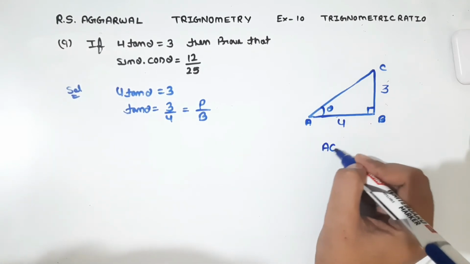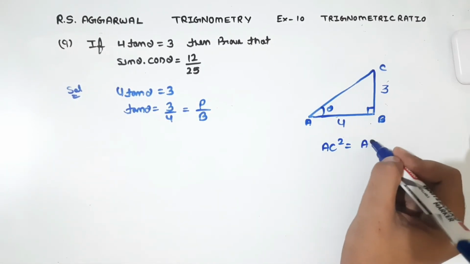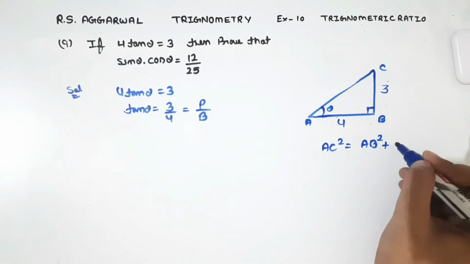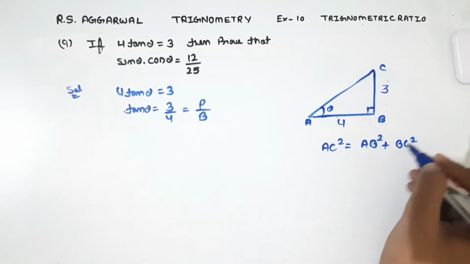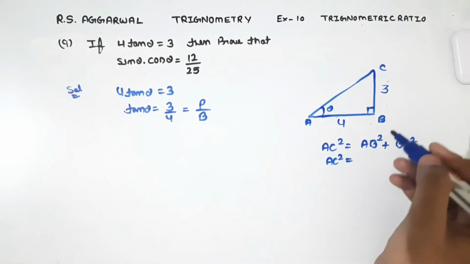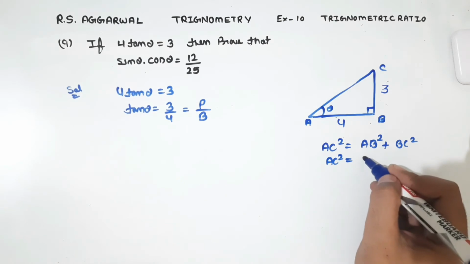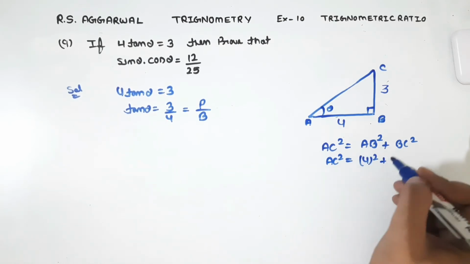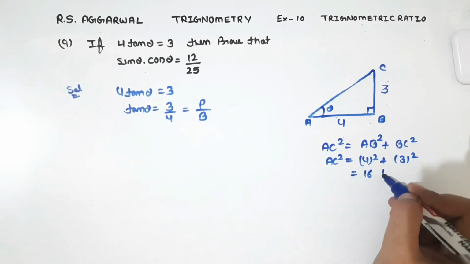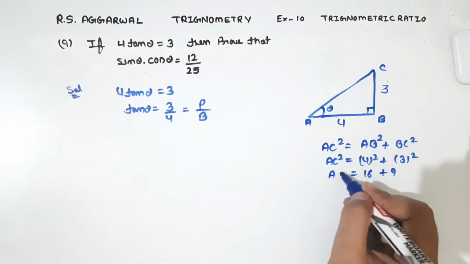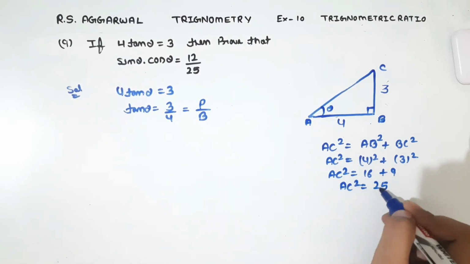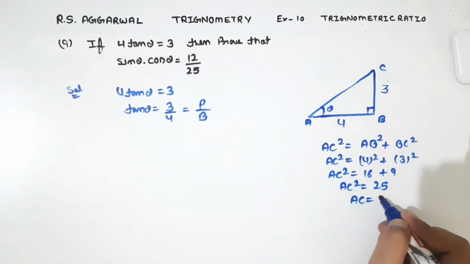So our AC square will be equals to AB square plus BC square. So AC square will be equals to AB square, that is 4 square, plus BC square, that is 3 square. So 16 plus 9, that is AC square. So AC square will be 25. So AC will be 5.